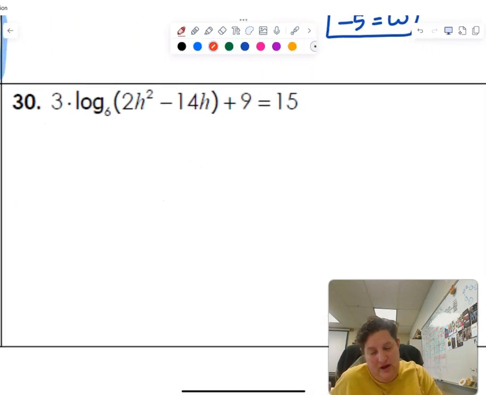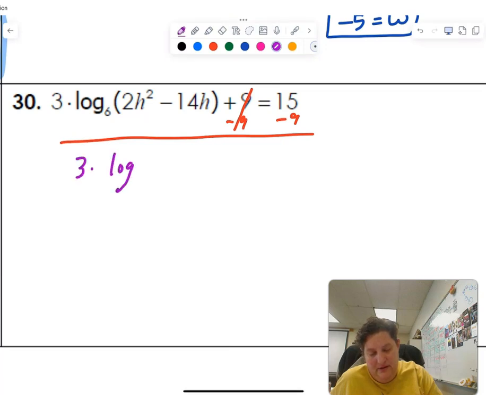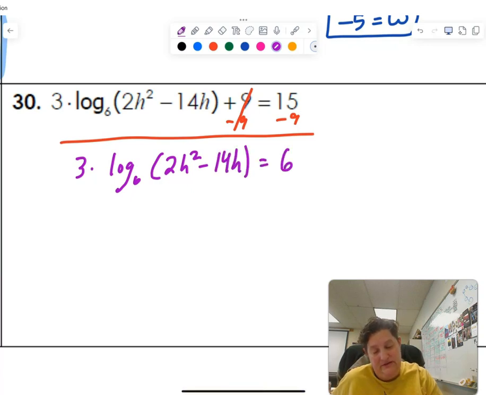All right, I want to get the log by itself first, so I'm going to subtract 9. That's going to give me 3 times log base 6 of 2h squared minus 14h equals 6. I'm going to divide by 3 because that's easier than bringing it up and making it to the third power, right?